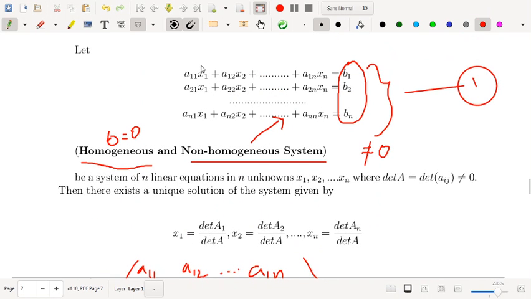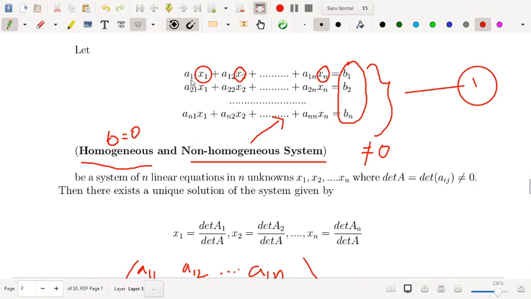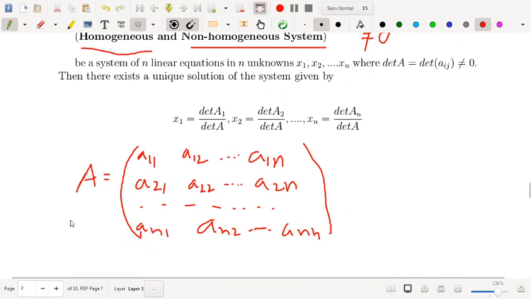Look at that, your unknowns are x1, x2, xn. That means you have equations with n unknowns. These are the unknowns, that is, you need to find out the values of x1, x2, xn. And here you are writing the coefficients. Coefficients means a11, a12, these constants. So you are writing the coefficient matrix.